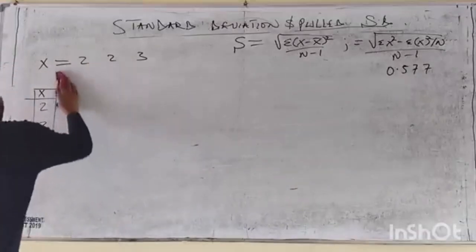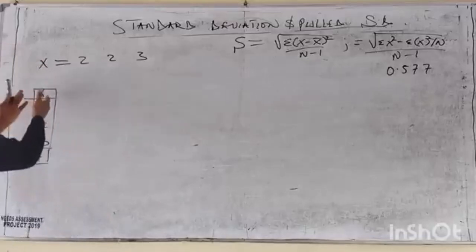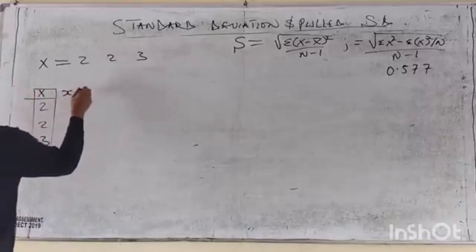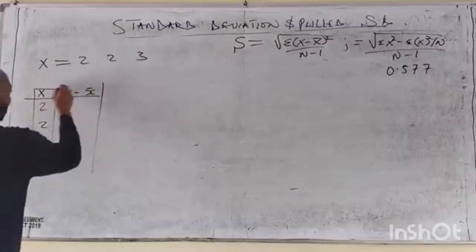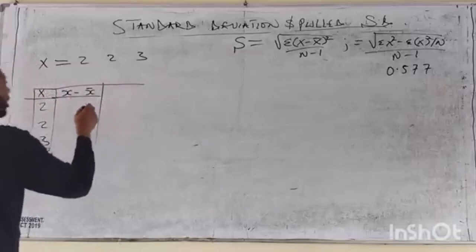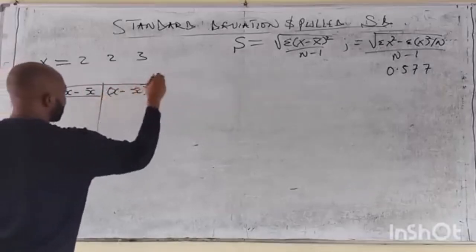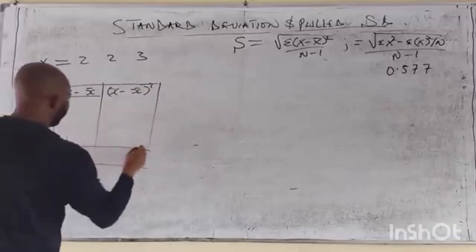We're going to have a different table because their formulas are different. In this other case, we have x minus the mean, which is x minus x bar, and we have x minus x bar squared. We have to square it.